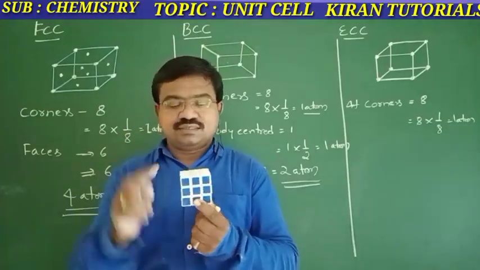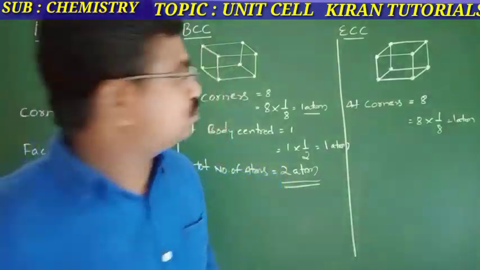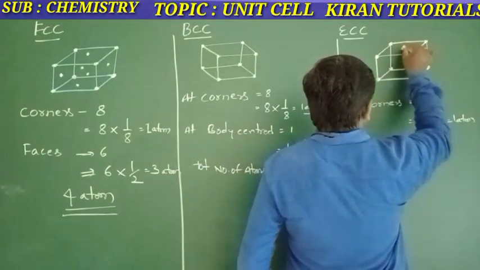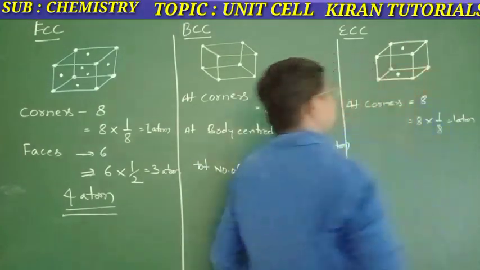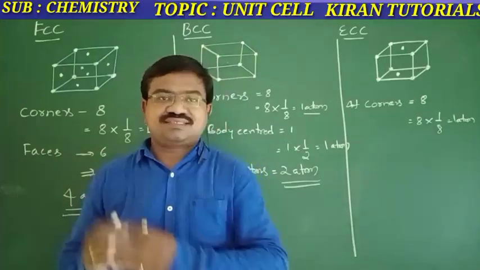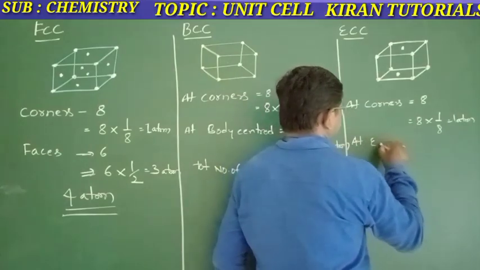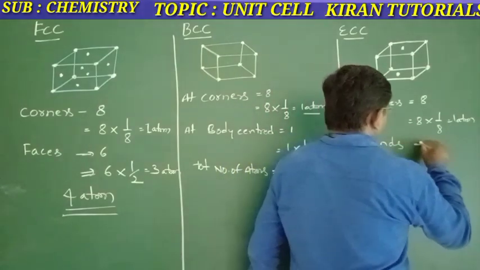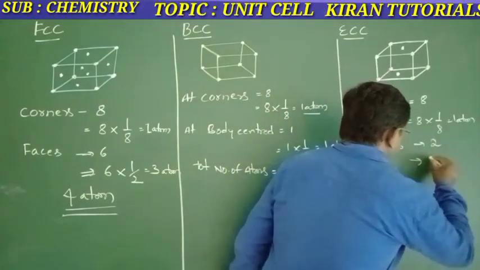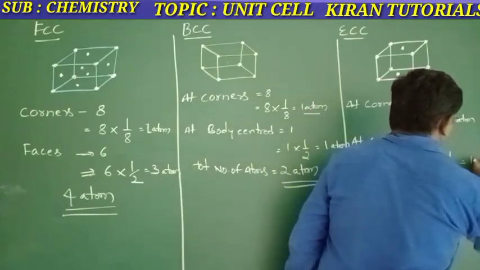So it is end center. So how many ends are present? 2 ends are present. So it is 1 and 2. Each atom is shared by 2 parts or 2 regions. So at ends 2 atoms are present, and 2 into 1 by 2, that is equal to 1 atom.